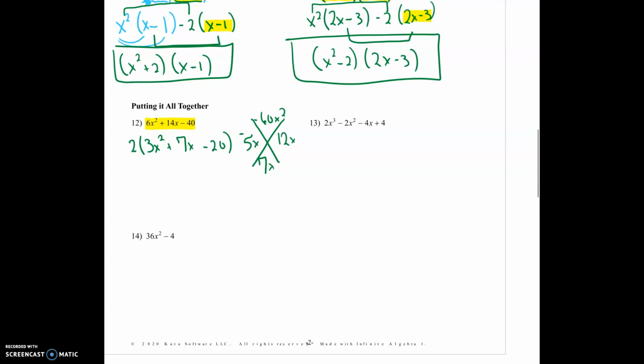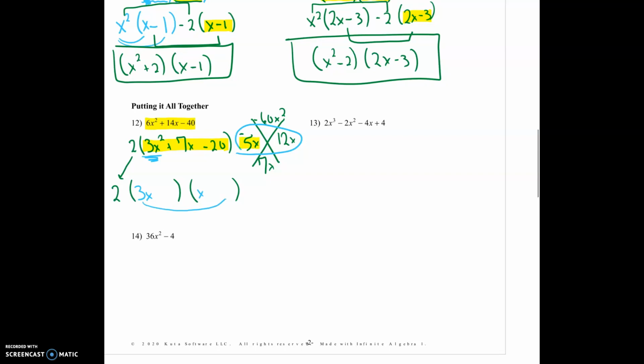So what I'm going to do is this 2 is one of my factors, and now these parentheses will hold the other factors. And so at this point, I'm just working on this and these two side terms. So first, the only way to get to 3x squared is if I multiply a 3x with an x. And so now I'm going to ask myself, is there 3x times something to get me this negative 5x?